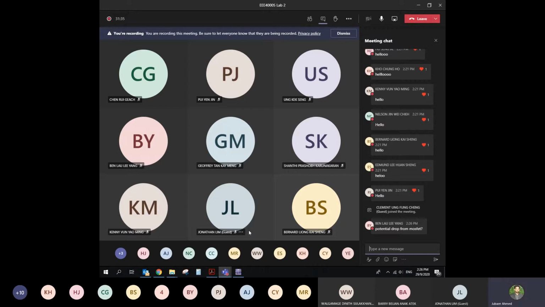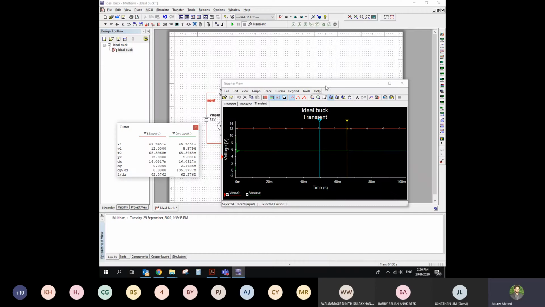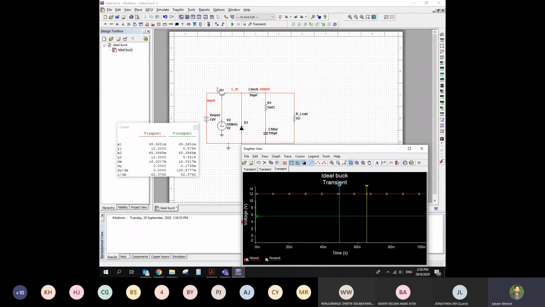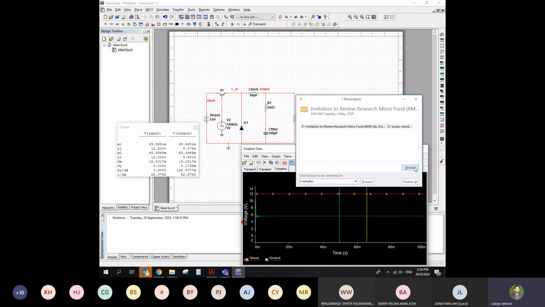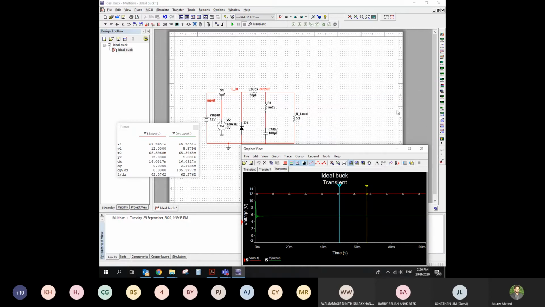Potential drop from the MOSFET? Not really. If you look at the switching, there will definitely be a switching voltage drop in the MOSFET, but it will be in the millivolt range and very small, so it is not contributing here.